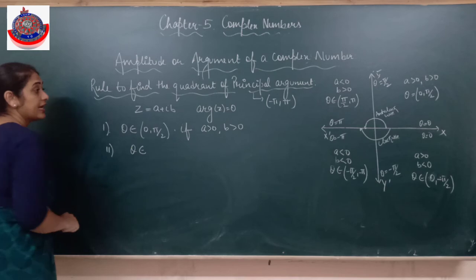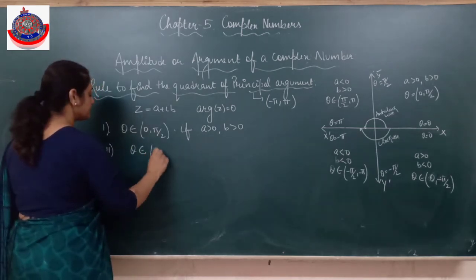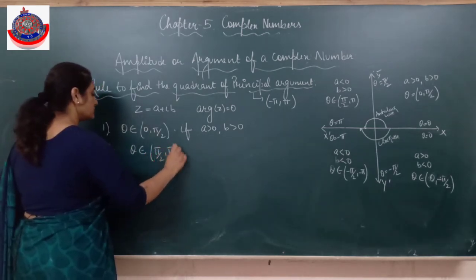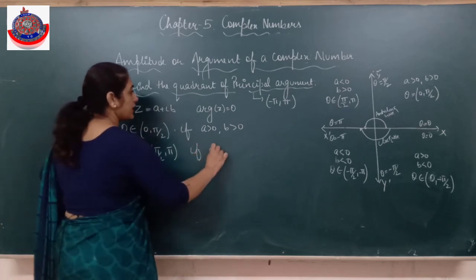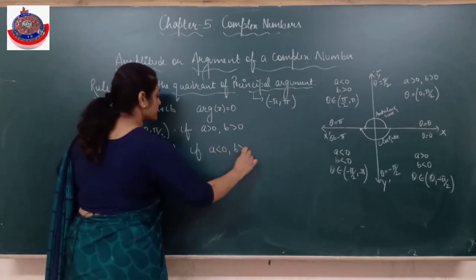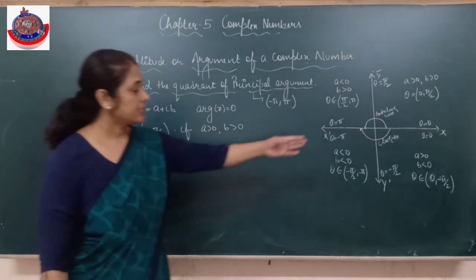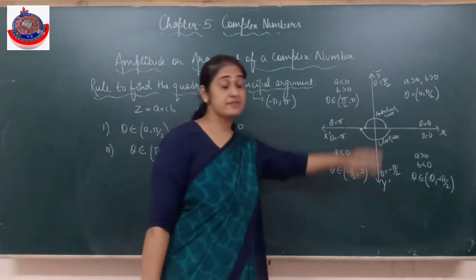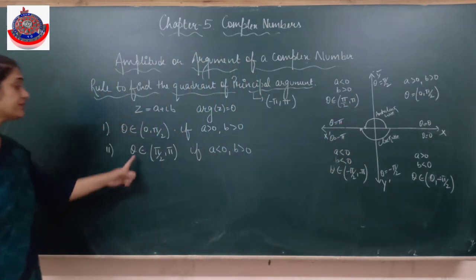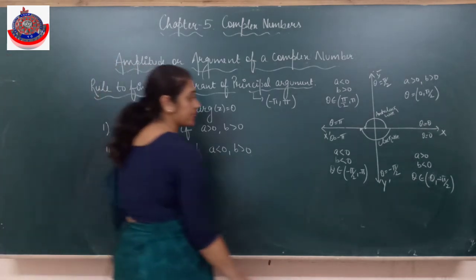Theta will lie in the second quadrant if a is negative and b is positive. In the second quadrant, we know this is the negative direction of the x-axis and the positive direction of the y-axis. Then theta will lie between pi/2 to pi. Is it clear?